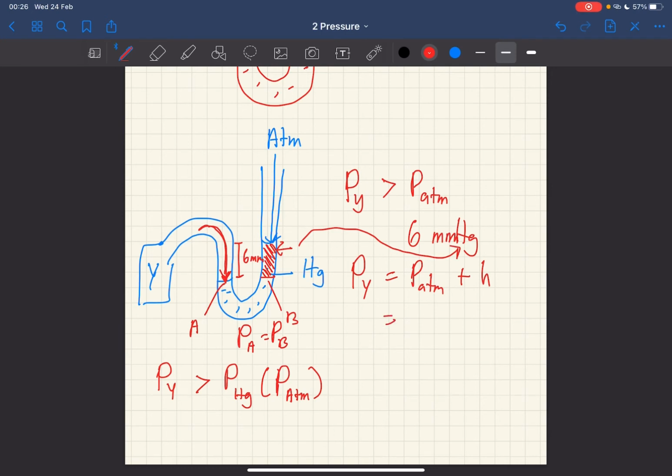Since we put the pressure of the ATM in mercury, we can just add the height. So 760 mmHg plus 6 mmHg. That means the pressure of gas Y exceeds the atmospheric pressure by 6 mmHg.